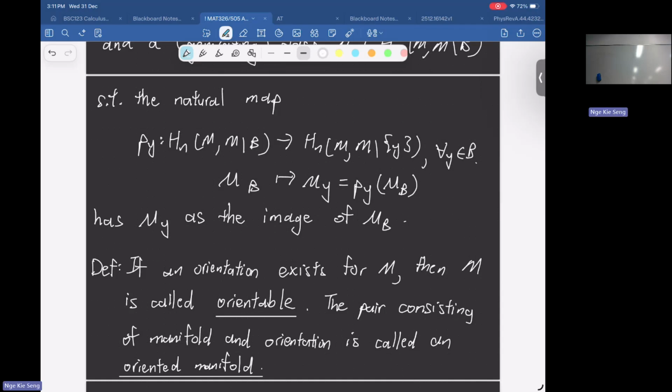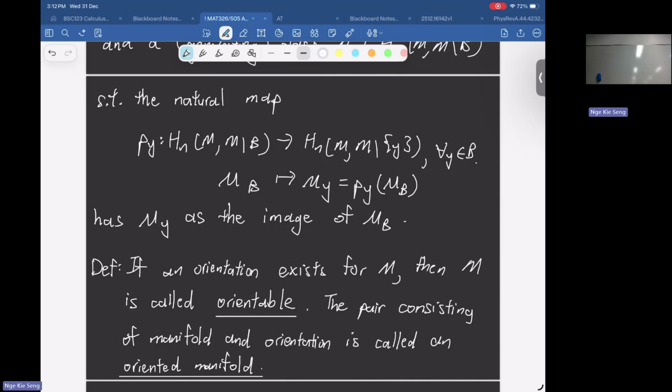You also have the class from this relative homology Hn(M, M minus B). Then you can restrict this class mu B to the class mu y.